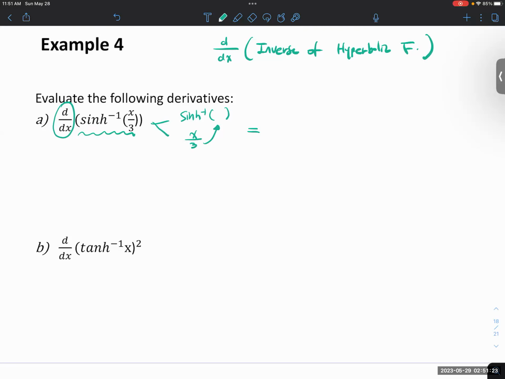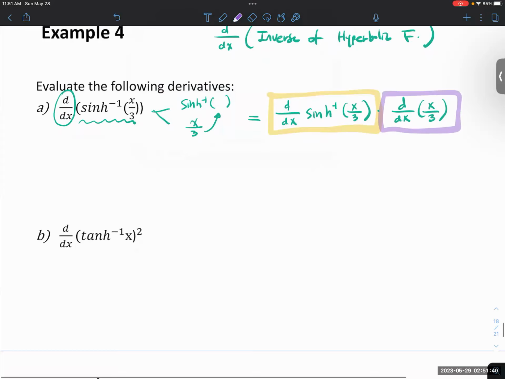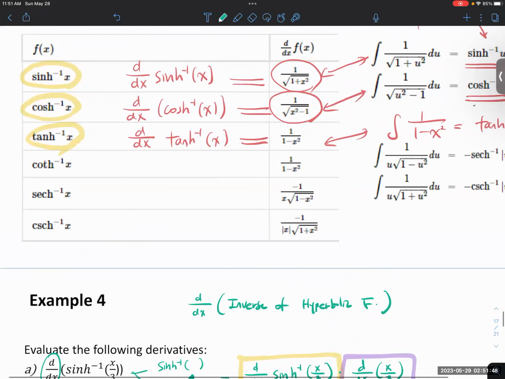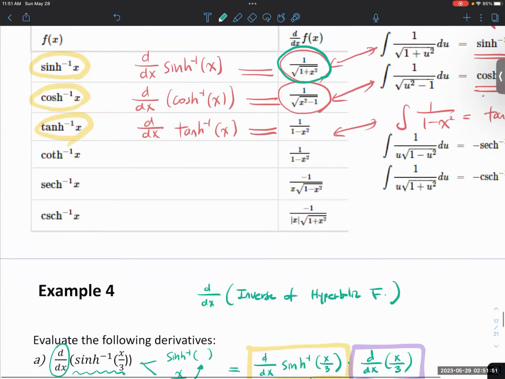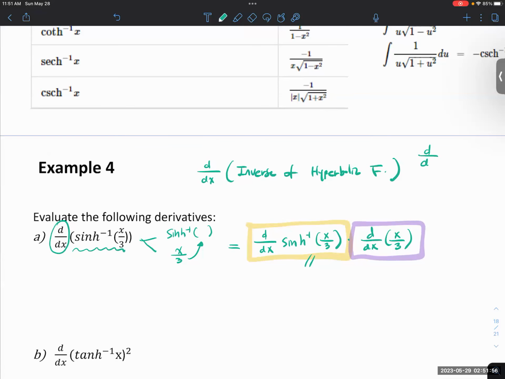This is a chain rule, because we have to take the outside sinh inverse and the inside x over 3. So this is going to be outside, and this is going to be inside. If you take the derivative of inverse hyperbolic sine, this is the outcome. So we know d over dx of sinh inverse is 1 over radical 1 plus x squared.